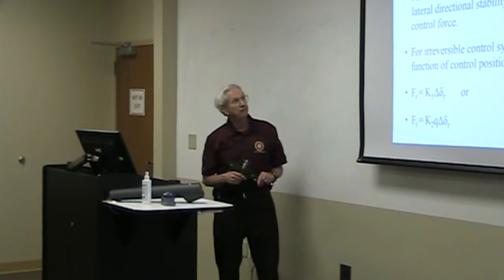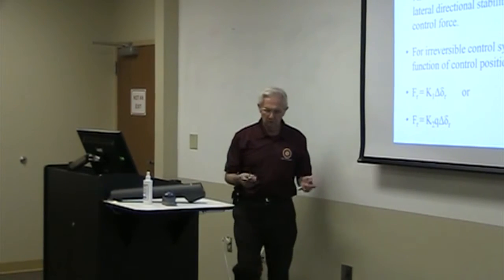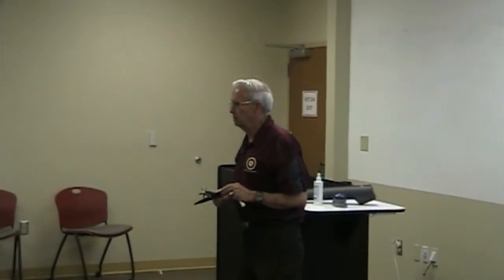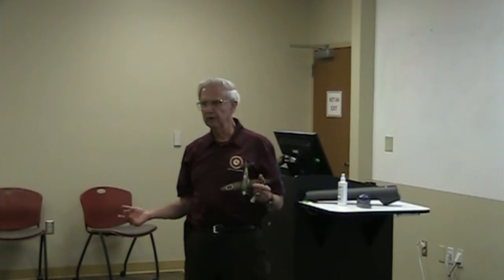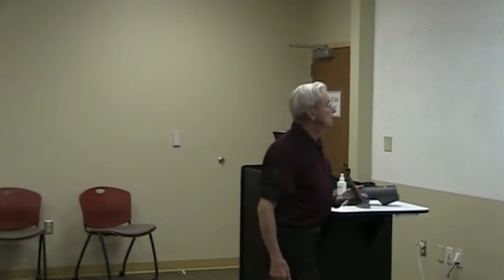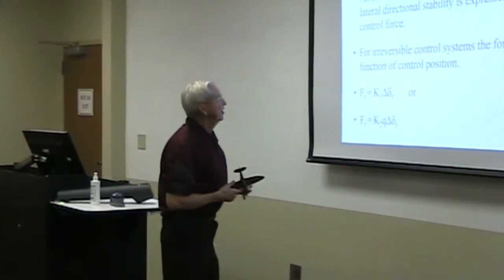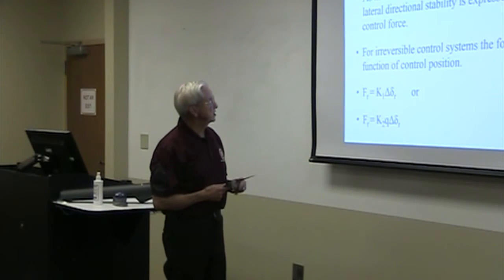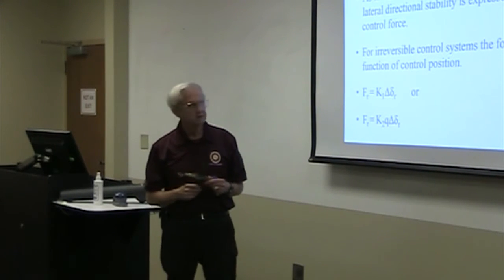Okay, control free. What we've been talking about so far has been hold the controls fixed. What if we let them go like we did on longitudinal? Well, as in other forms, control-free lateral directional stability is expressed in control force.